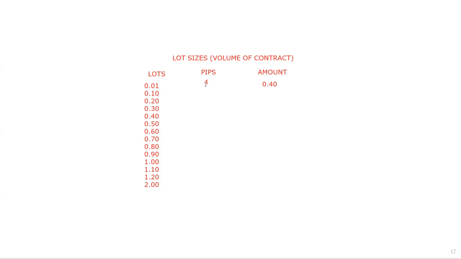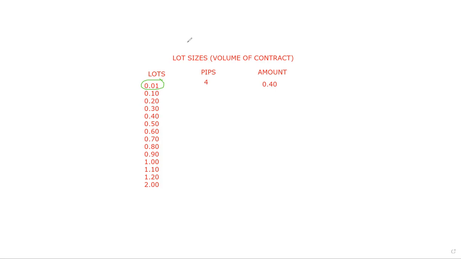So if it goes 5 pips, that would be 50 cents. If it goes 6 pips, profit or loss, that would be 60 cents, just with this lot size alone, with 0.01. 7 pips, 70 cents, 8 pips will be 80 cents, 9 pips will be 90 cents, and then 10 pips will be $1.